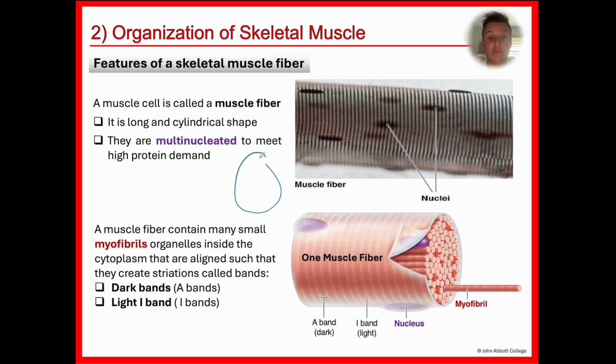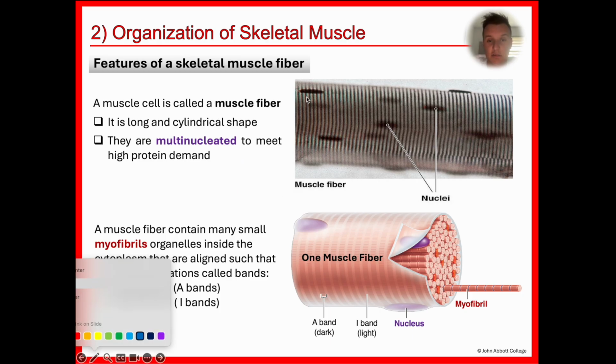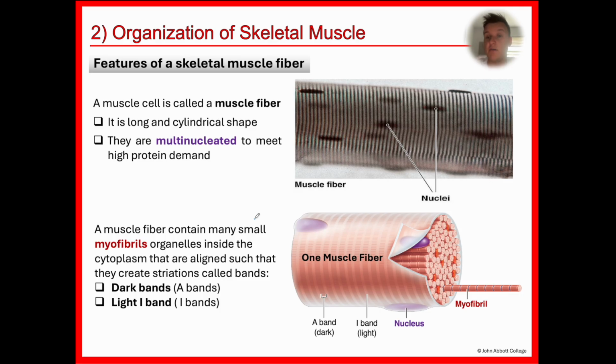I know most cells we draw look like this, with a little nucleus, some Golgi over here, a little mitochondria. But this looks different. This looks like a long cylinder, and that's okay. We know that cells look a bit different depending on what type they are. This is a long and cylindrical shape. This is one muscle fiber here, okay? Do you see this one long cylinder? One muscle fiber here.